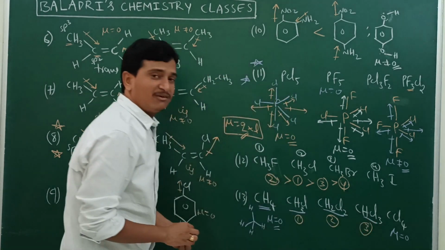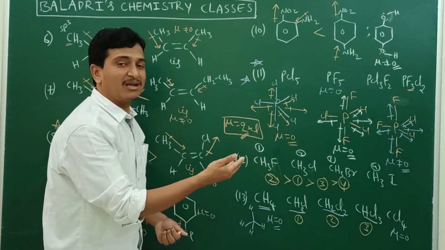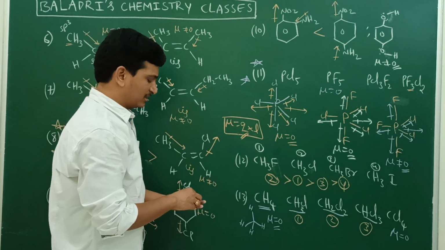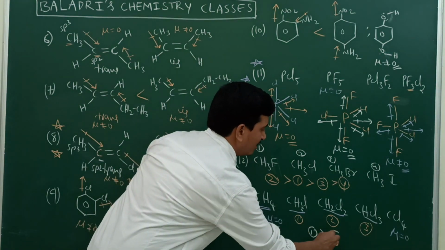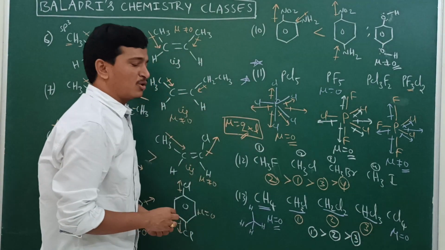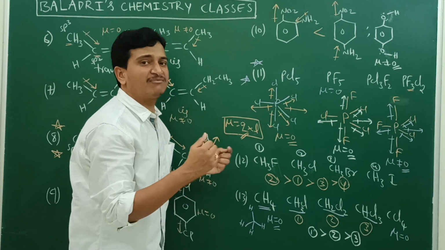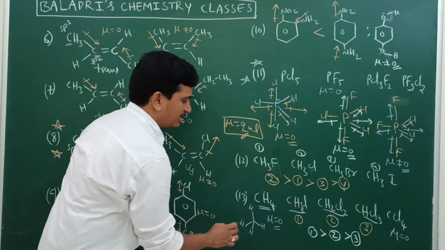Most of the students will feel that more chlorines means more electronegative atoms, so they will write CHCl3 has more dipole moment. But the correct answer is that chloromethane has more dipole moment than dichloromethane. Dichloromethane has more than trichloromethane, because when more chlorines are there, dispersion of the vectors takes place. Let me explain here.